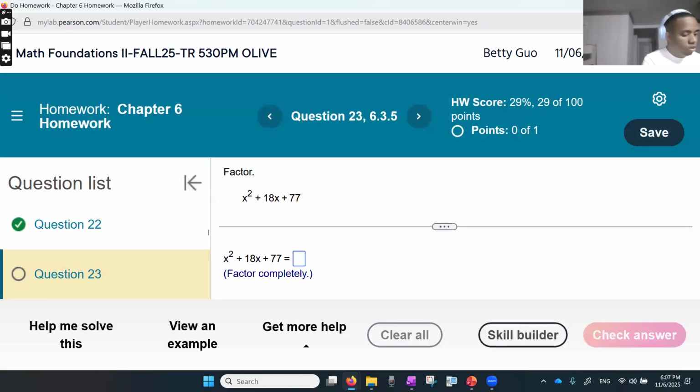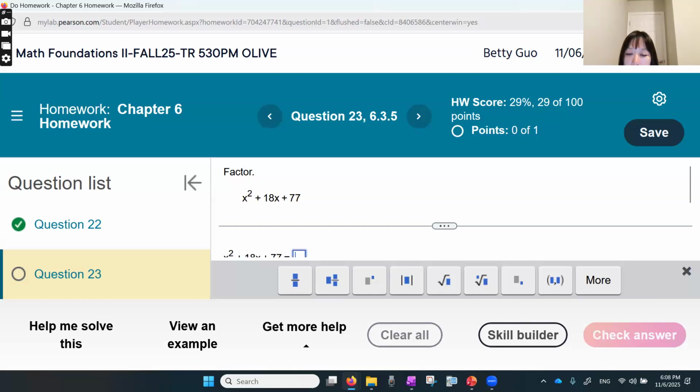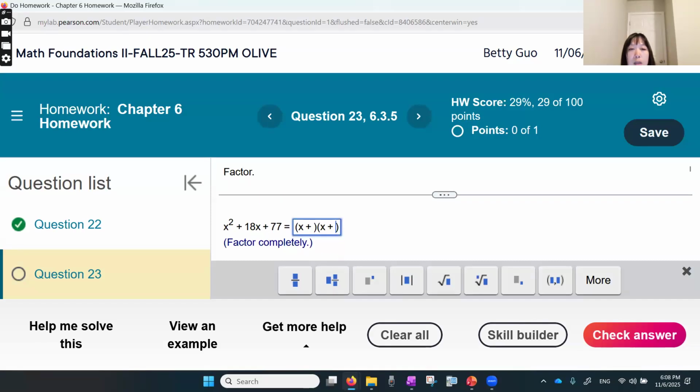Question number 23. Which two numbers multiply to 77 and add up to 18? They're both positive, right? They need to be both positive. Think about it. 77. 7 and 11.